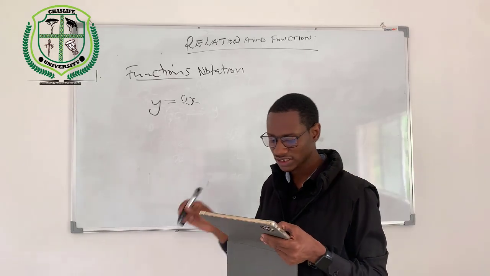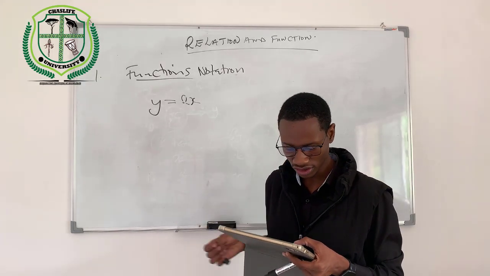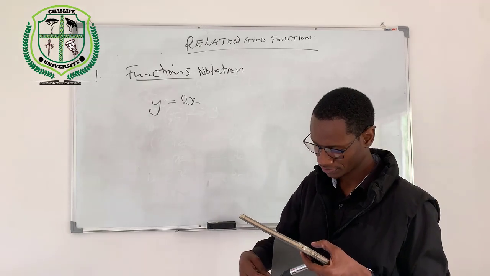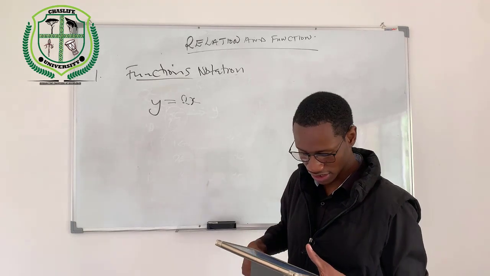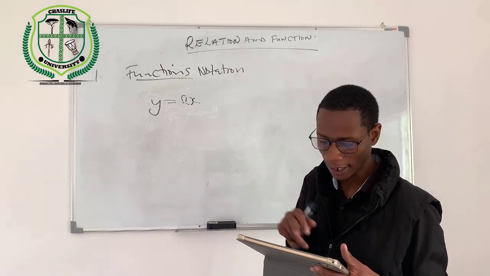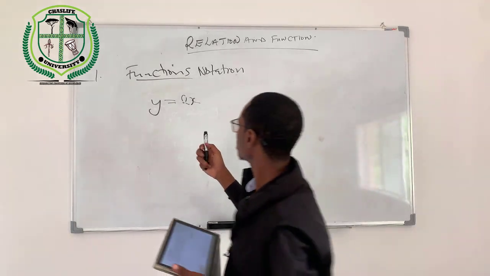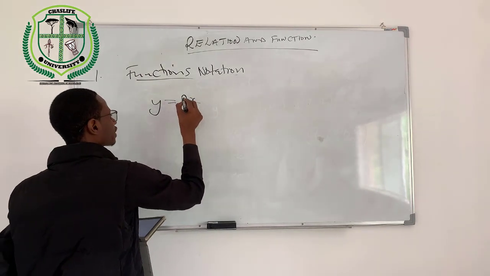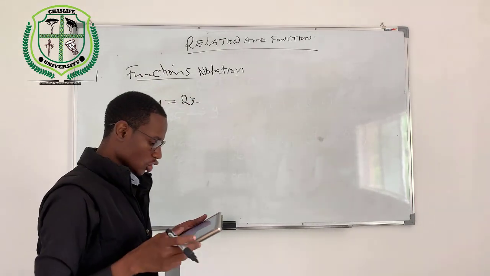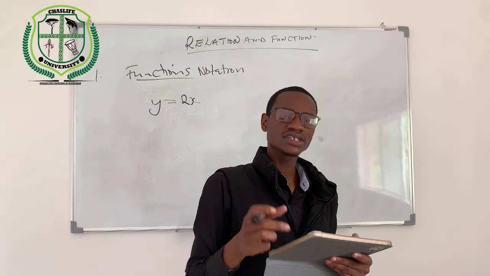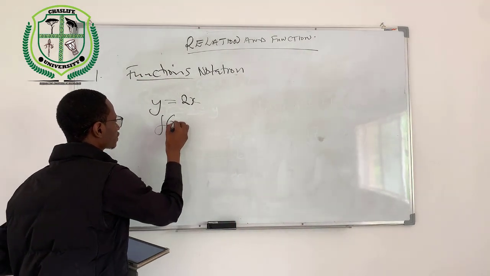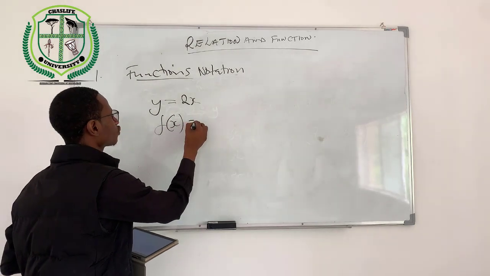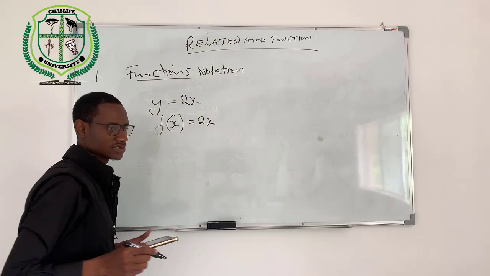So when a function is defined by an equation, we often use function notation. For example, this is representing a function. Now, the way you've seen this one, it's 2x. Now, in functions, to represent the notation, we say f of x, okay, we call it f of x. This is our f, is equal to 2x.